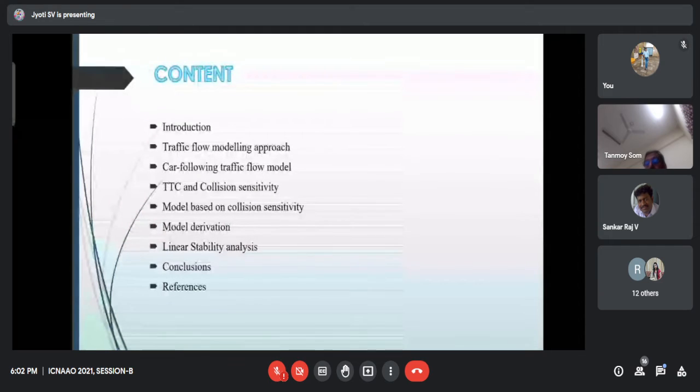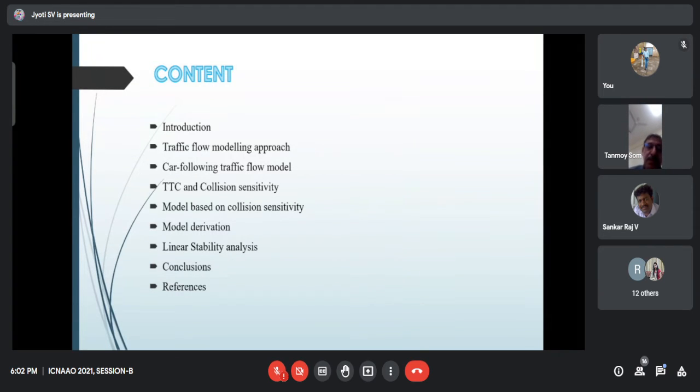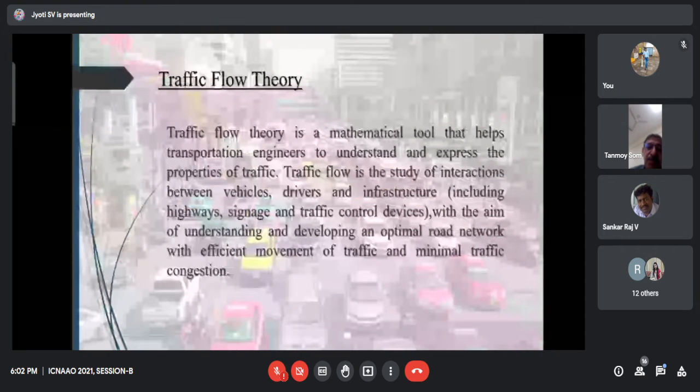Here are the contents: Introduction, traffic flow modeling approach, carpooling traffic flow model, collision sensitivity, a model based on collision sensitivity, model derivation, linear stability analysis, conclusions, and then references. Traffic flow theory. What is traffic flow theory?